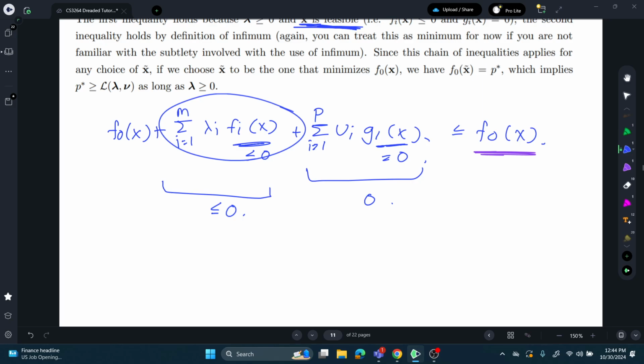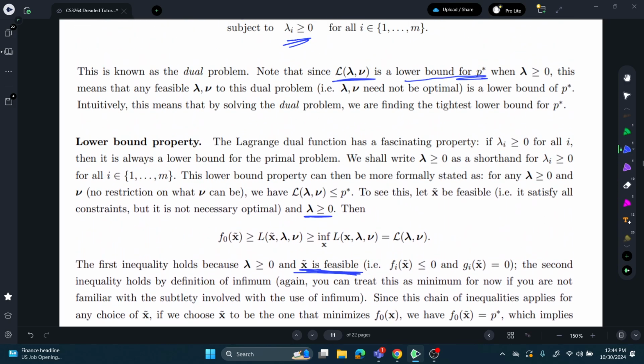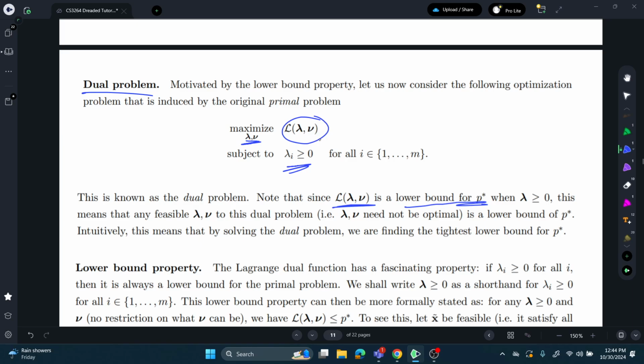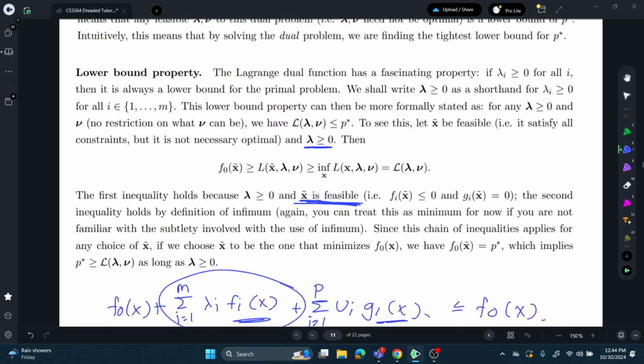Since my f is always less than or equal to 0, I just need to ensure that my lambda is always a positive value, such that when I multiply this positive constant by a negative value, this will always be negative. That's why this will always be less than or equal to 0. So the important part here is that when you have a Lagrangian dual, if you want to formulate the dual problem, any Lagrange multiplier associated with the inequality must be greater than or equal to 0 for us to satisfy the lower bound property.